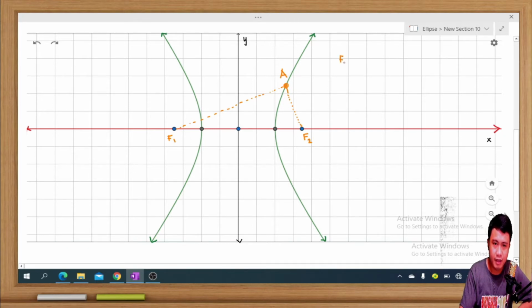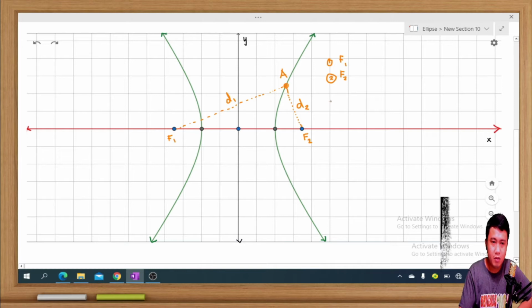Na-define na natin using F sub 1, F sub 2, at yung pangatlo, yung distance. For example, we have here D sub 1. We let D sub 1 as the distance from point A to the first focus, the F sub 1. And we let D sub 2 as the distance from a point on the hyperbola to the second focus, F sub 2.